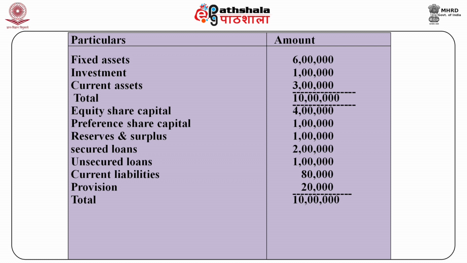Then we have liabilities comprising equity share capital 4 lakh, preference share capital 1 lakh, reserves and surpluses 1 lakh, secured loan 2 lakh, unsecured loans 1 lakh, current liabilities 80,000 and provisions 20,000. That means we have total liabilities of 10 lakh.